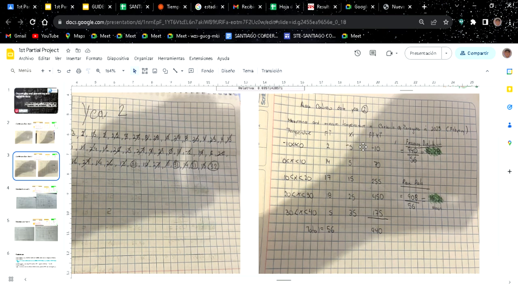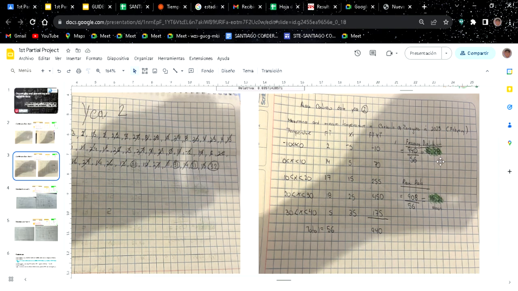And then we have to calculate this, that is, less 5 multiplied by 2 is less 10, 14 by 5 is 70, and with all data here we have 255, 450, 175, and the result is 940.